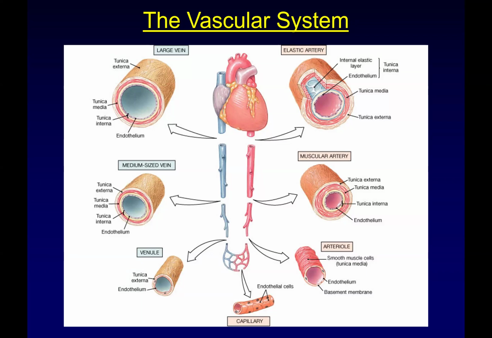It's the endothelium. Very good. Then on the outside, in this layer out here, we have smooth muscle.